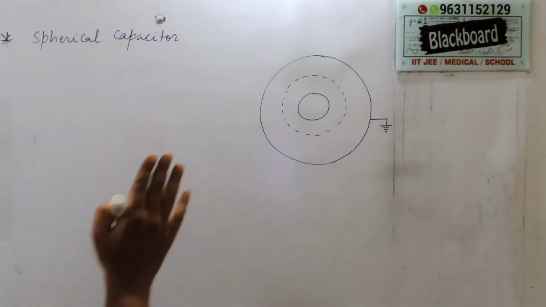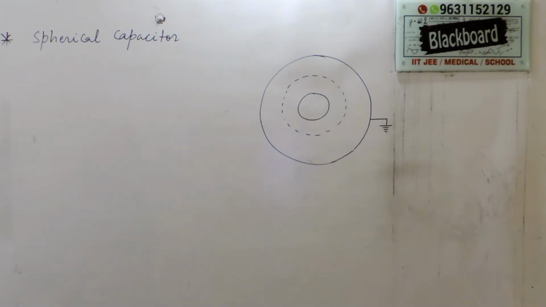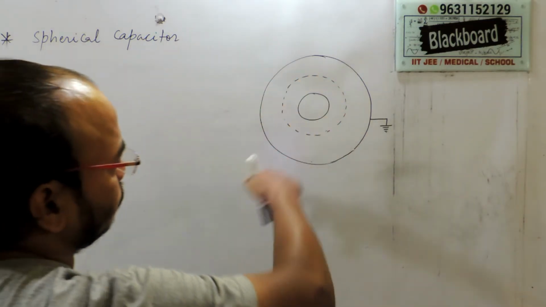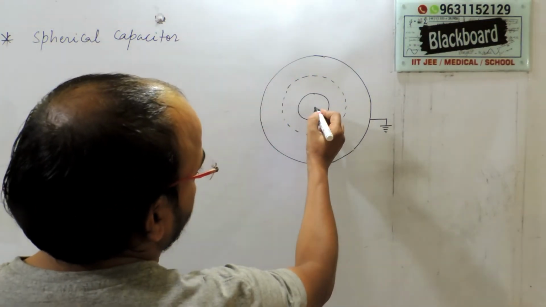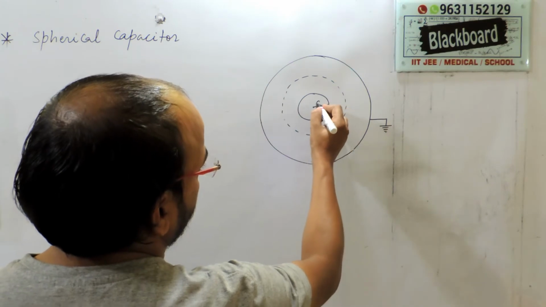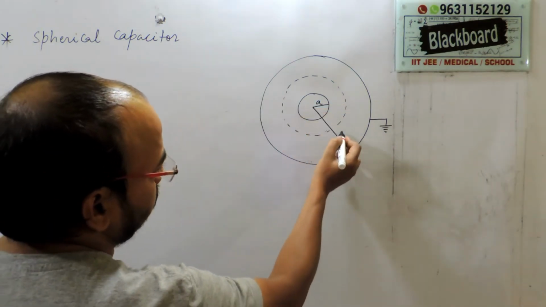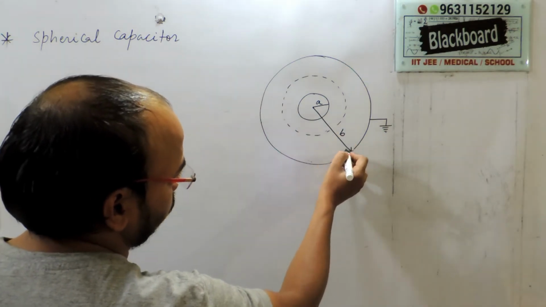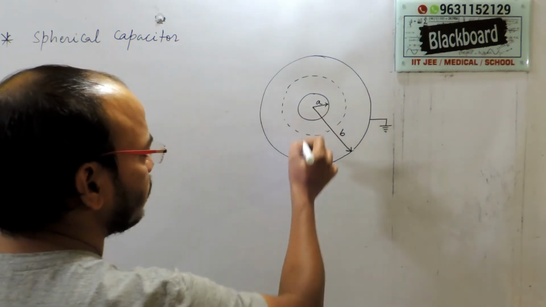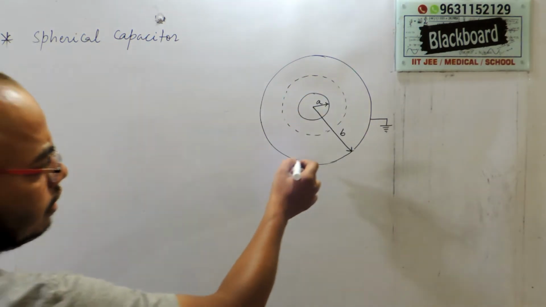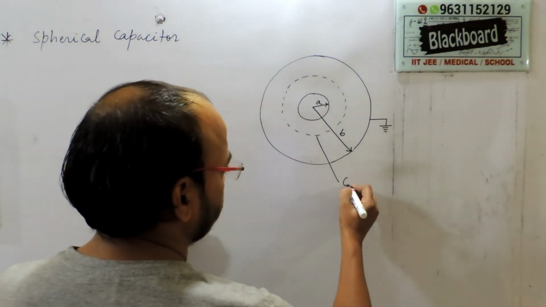Now see here the spherical capacitor. What will be the capacitance of this spherical capacitor? Here are two concentric spheres. The first one has radius small a, and the bigger one has radius b, and there is a Gaussian surface.